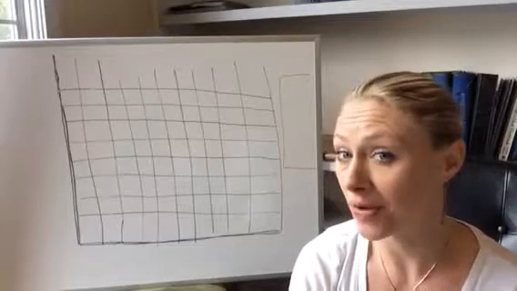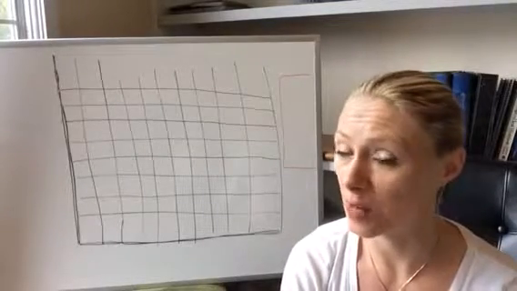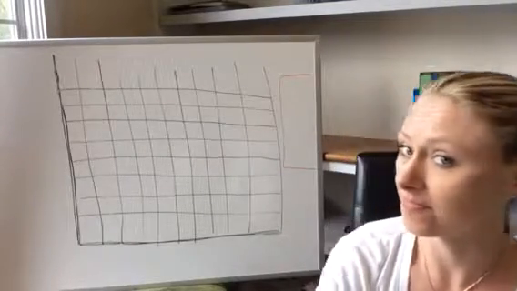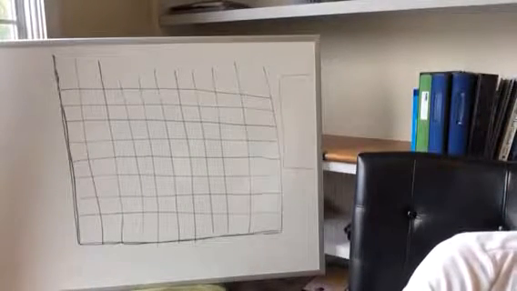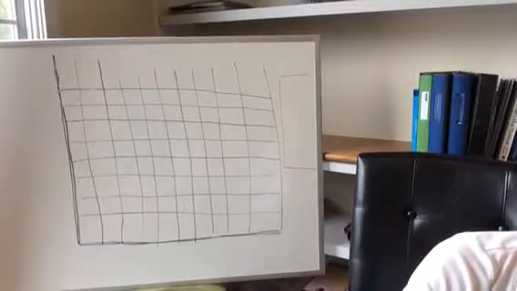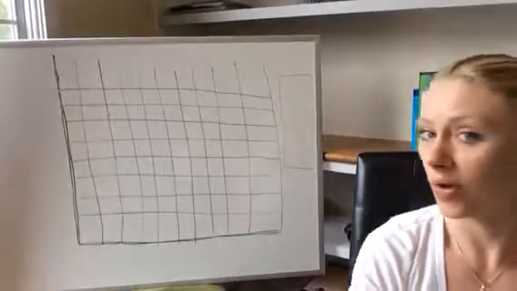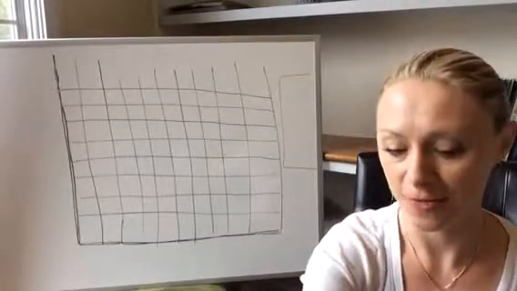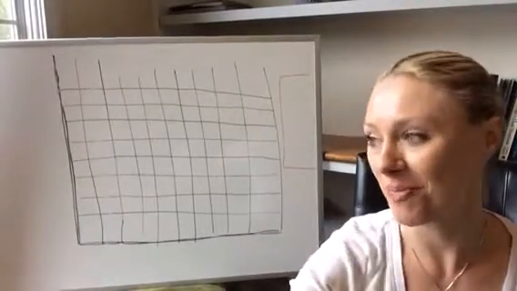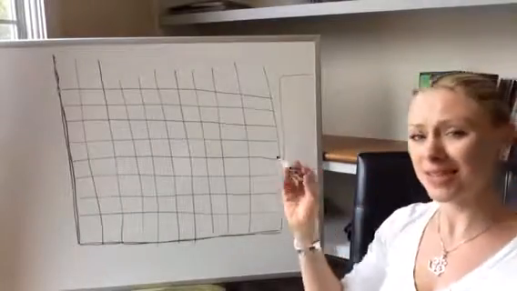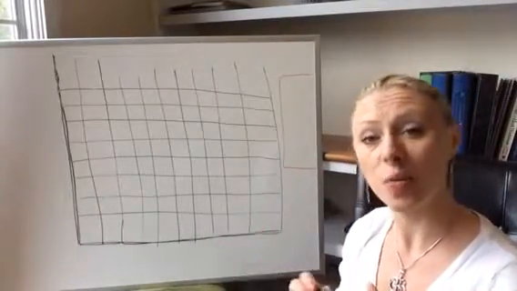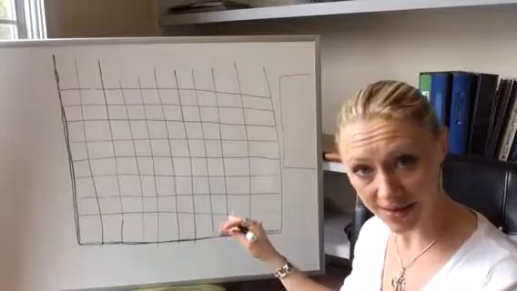Does anybody remember exactly where the X and Y axis are on a graph? Okay, I'm going to see if we have remembered our basic scientific days, but the x-axis is what we call the horizontal axis.